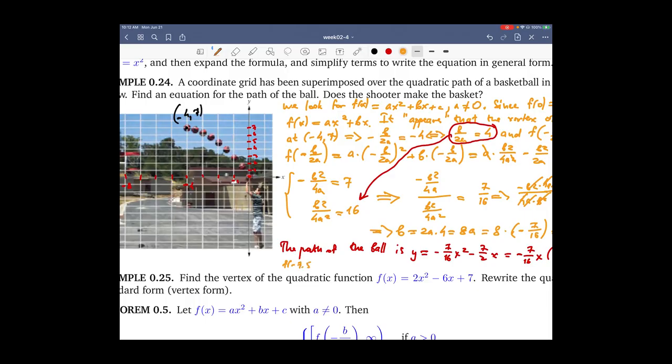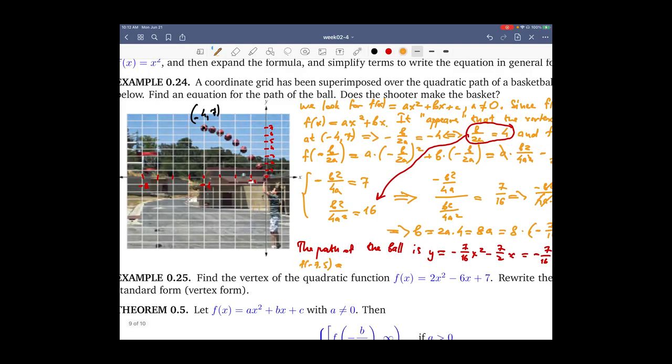The value at −7.5 is quite a bit below 4. It's actually exactly 1.640625, and it looks like the ball will not fall into the basket, it'll fall short of the basket.